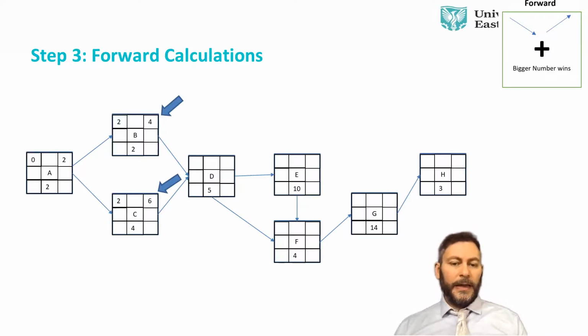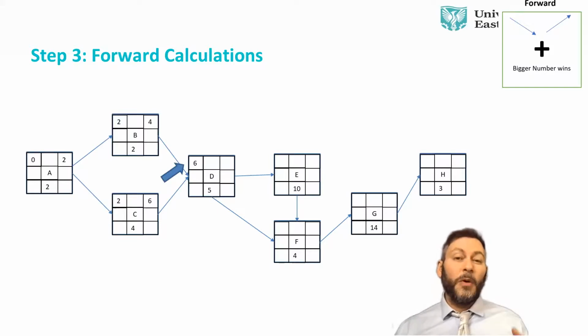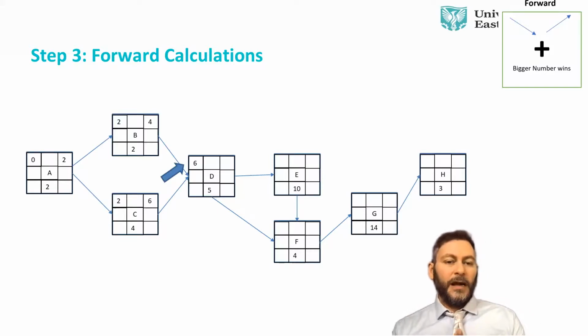Now, here's where we get to the tricky bit, which is the bigger number wins. When we get to D, D has a choice between B and C to start, okay? But it cannot start until both of them finish. So it can't start until B and C finish. Now, B might finish in 4 days, but it can't start in day 4.